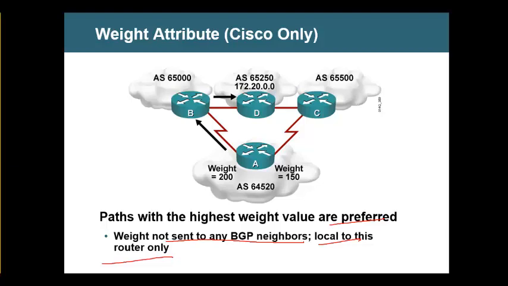Wherever you put this command and show the path, this is the path over weightage. Regardless of eBGP or iBGP, it will work. Again, it is local to the router, so it need not be advertised to anyone.